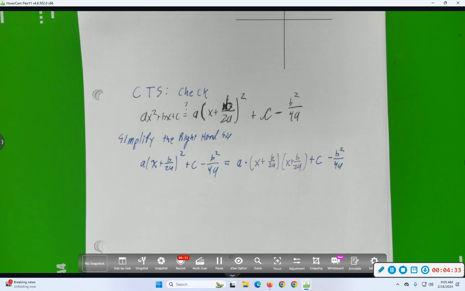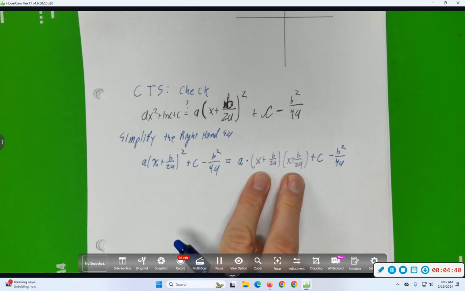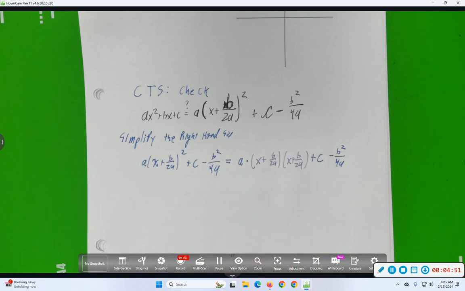All that squaring means is multiply it by itself. So, how do you expand out this product? What do you need to do? Multiply the first terms together, then the outside terms, then the inside terms, then the last terms together, and add them up? Yeah, so let's do that.